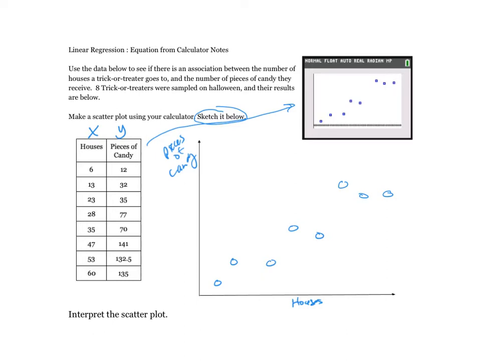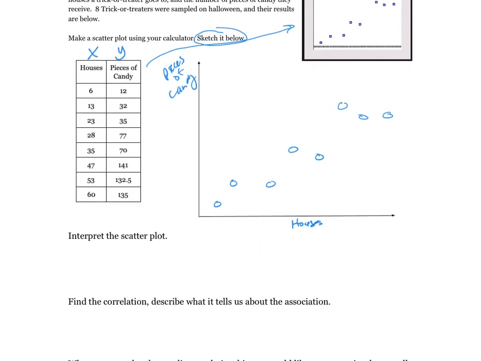Okay, and then it says interpret the scatter plot. So if you look at it, it appears that there's a relationship between the houses you visit and how much candy you get, which should make sense, I think, if you think about it.